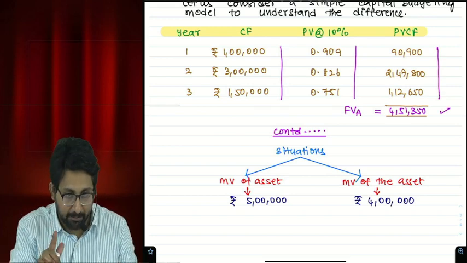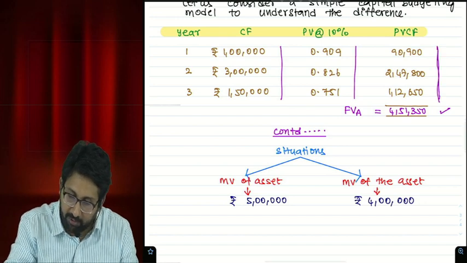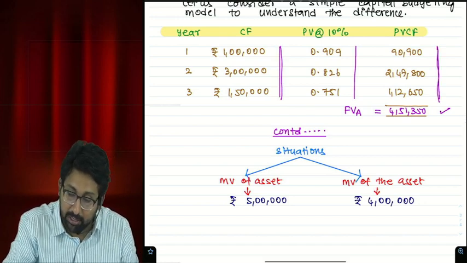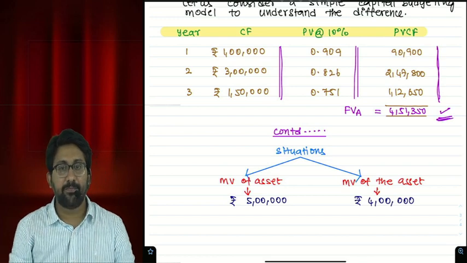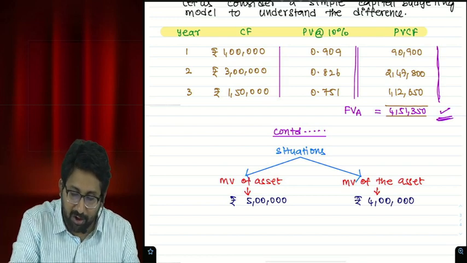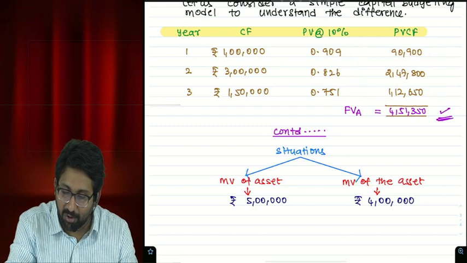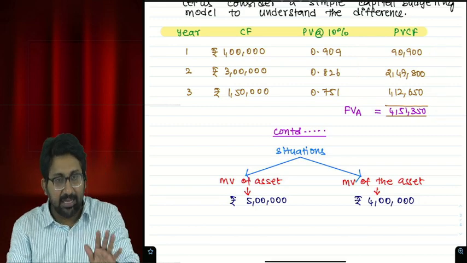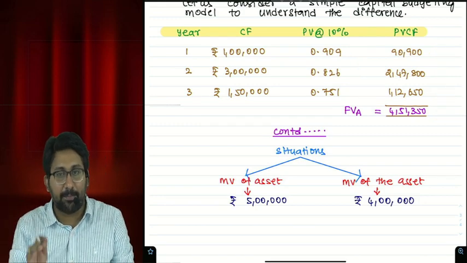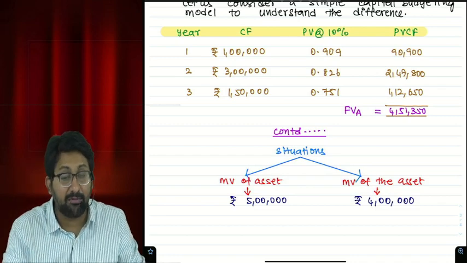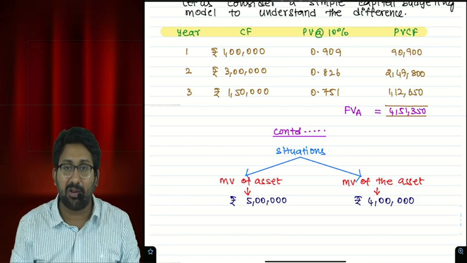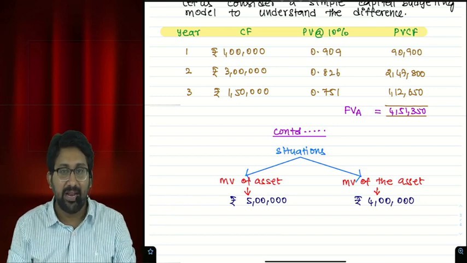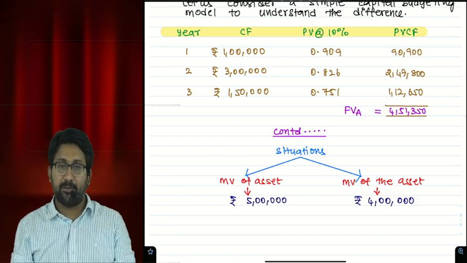I repeat, present value of future cash flows discounted at a required rate is the fair value of the asset. Therefore don't call it by other names. That's a childish concept, and it is understood by the junior batch. But we are experts now, aren't we? At least we presume that we are. So it's not just discounting, it is the fair value of the asset.